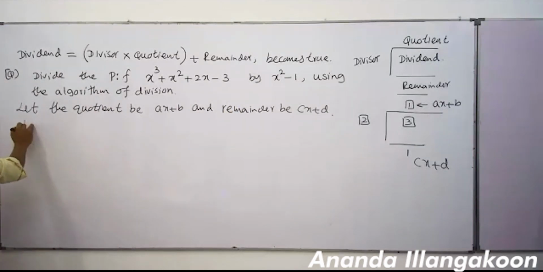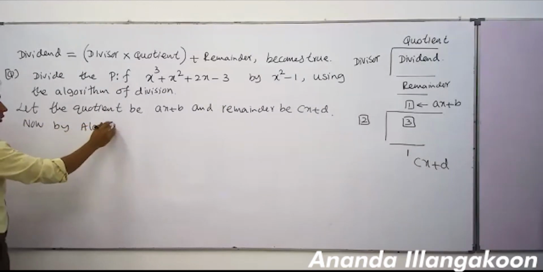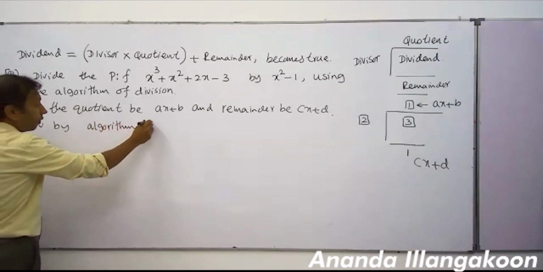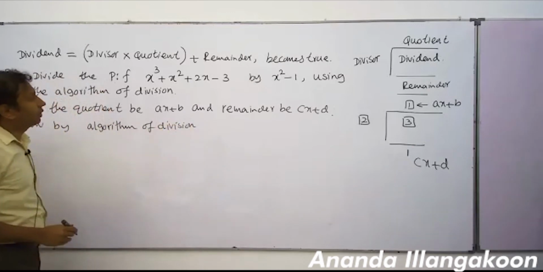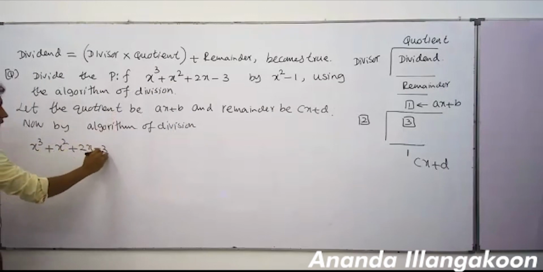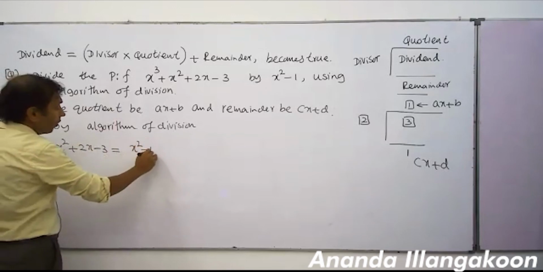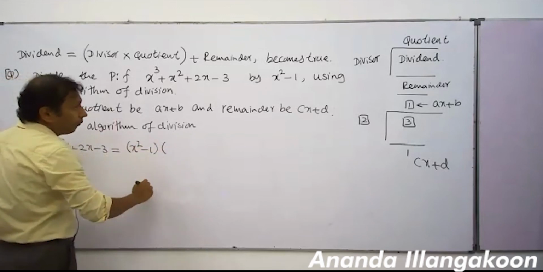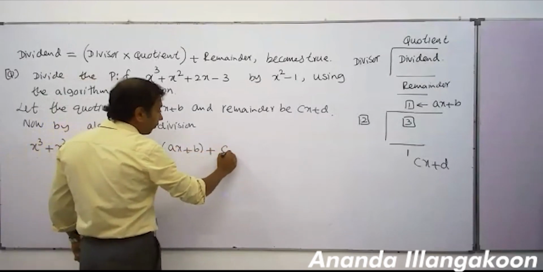Now by the algorithm of division, we can write, people, what? This dividend is equal to divisor, x squared minus 1, into quotient plus remainder.